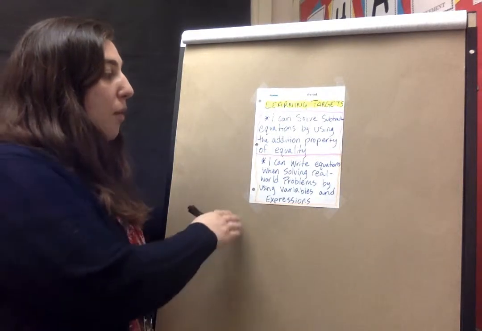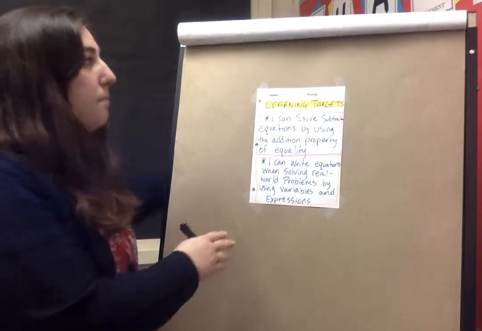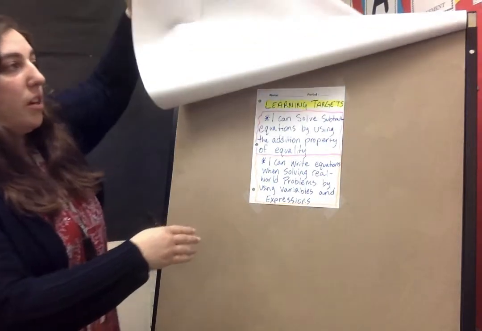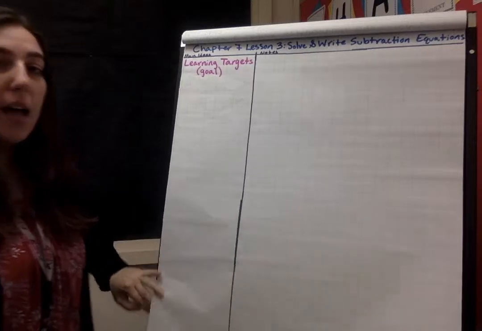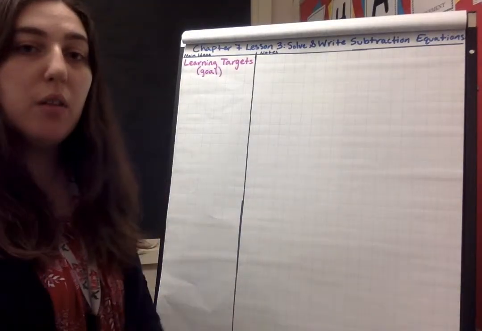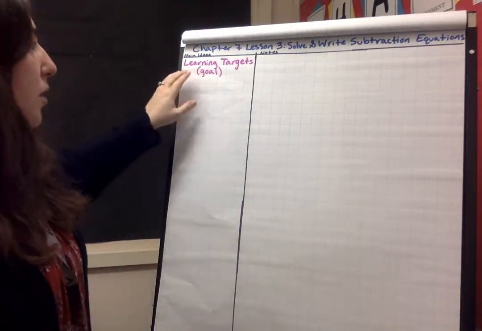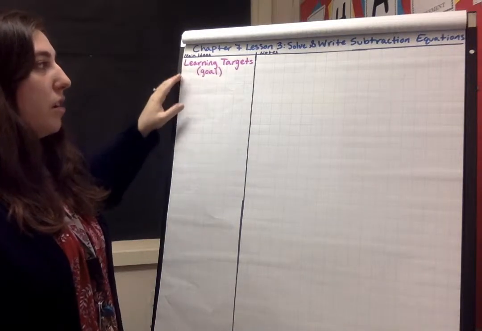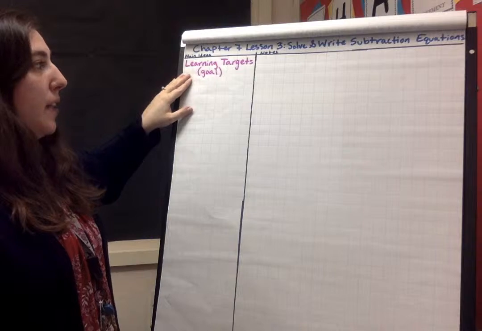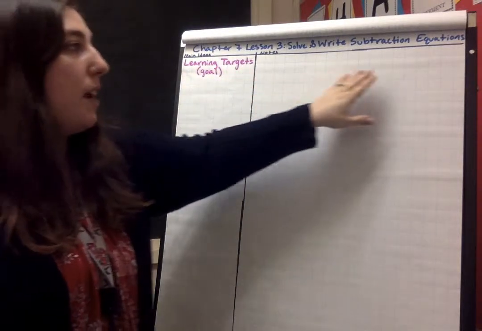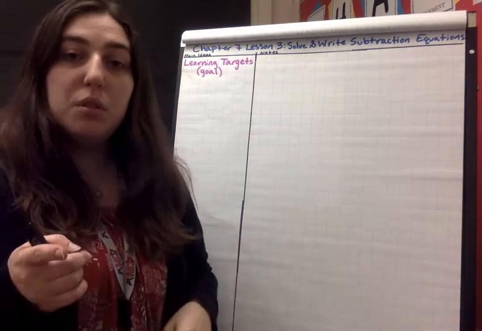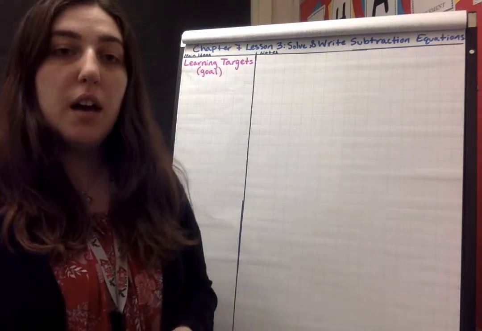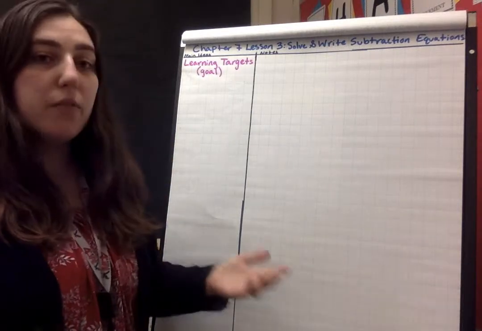Okay, so I want you to do something with this learning target. So this is our learning target. We talked about it in class. You talked about it with a neighbor. Now I want you to write learning target and in parentheses our goals on the main idea side, and then on this side here I want you to explain what you think our learning targets are for today.